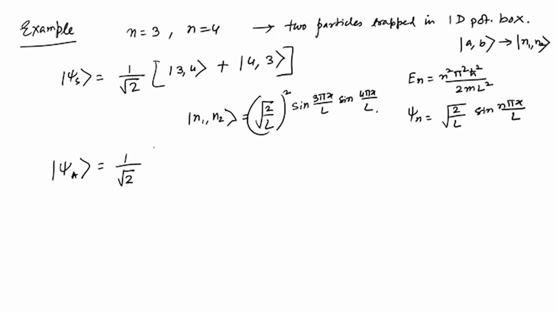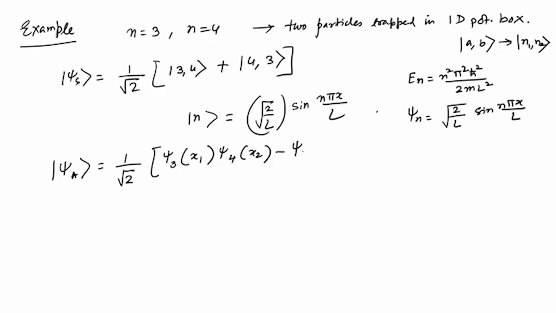Let me write just 1, then that will be clearer. Any n state is like root over 2 by L sine n pi x by L. Let us not write a product state, because what we want to show is psi 3 x1 psi 4 x2 minus psi 4 x1 into psi 3 x2 and so on.